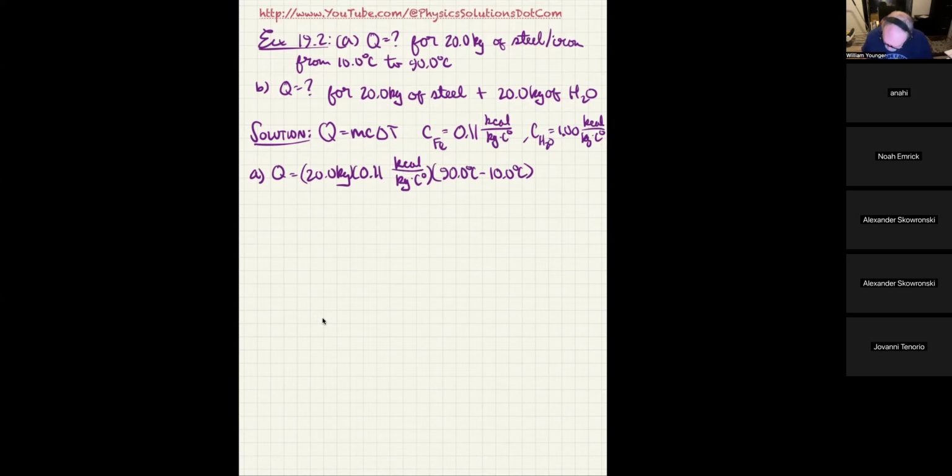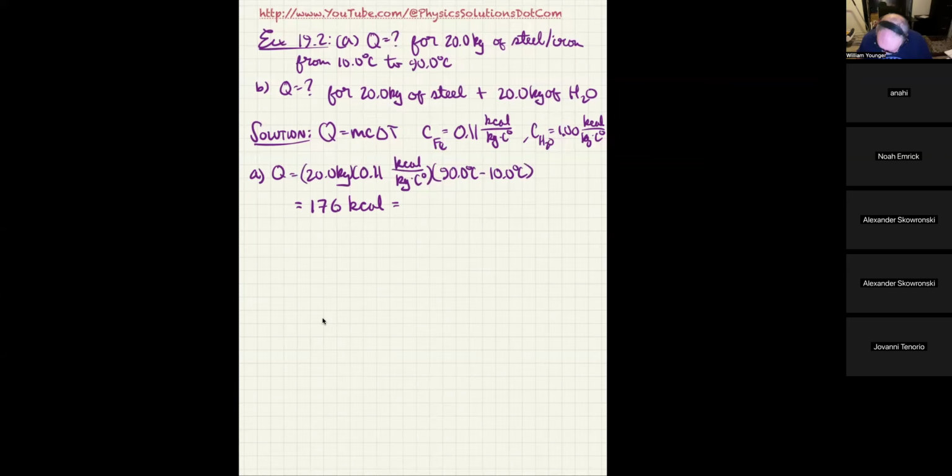So I'm going to say 20 times 0.11 times 80, and that should give me 3 sig. No, it only gives me 2 sig figs because the specific heat's only to 2 sig figs. So that's 176 kilocalories. And we could, of course, convert that to joules because we know that 1 calorie is equal to 4.186 joules and 1 kilocalorie is equal to 4.186 kilojoules.